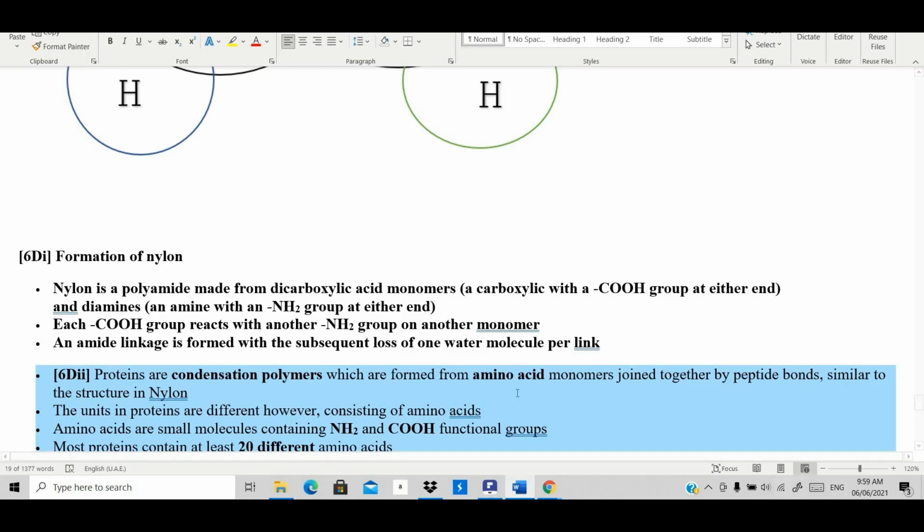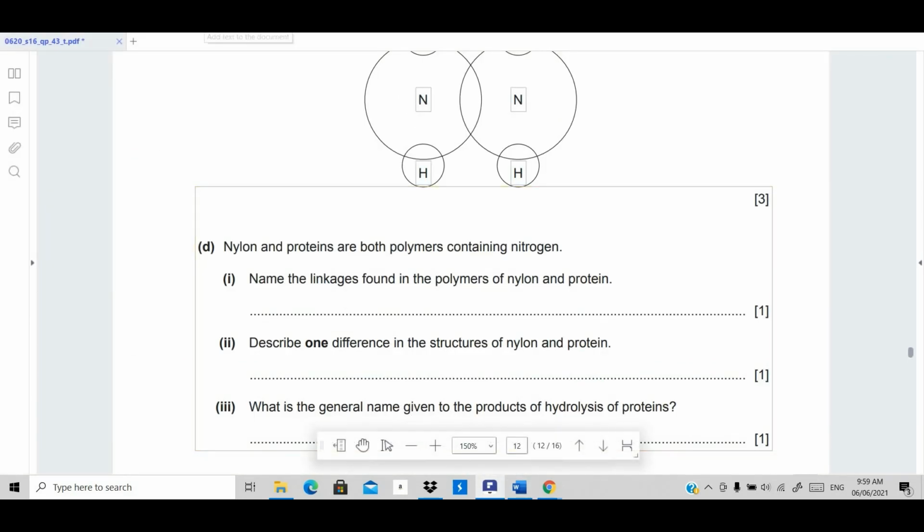So in both proteins and nylon, an amide linkage is formed. Right here, amide linkage.